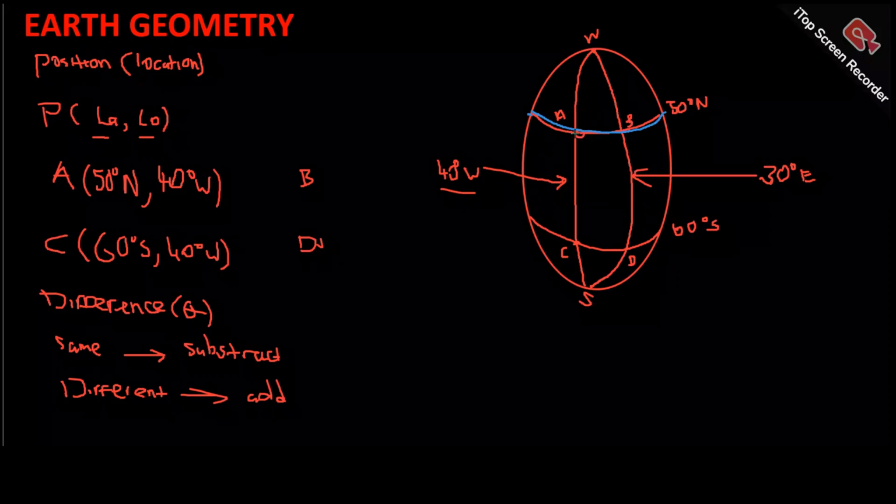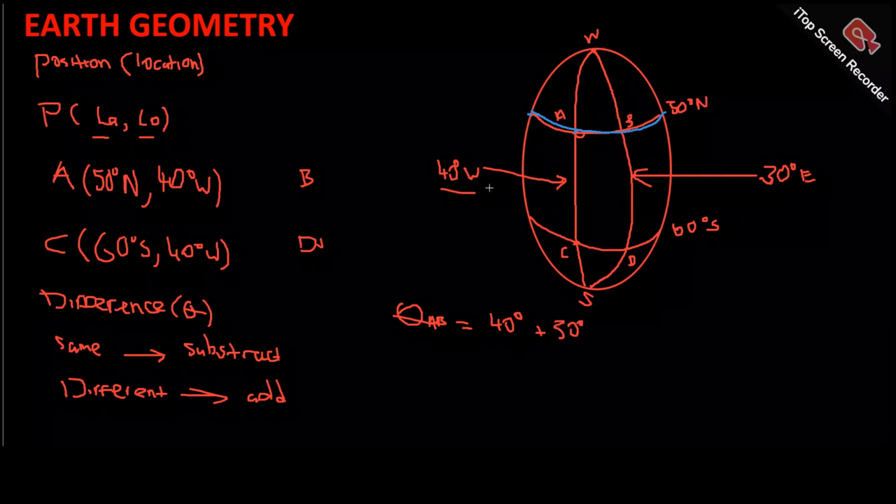So you come to point A. What is the longitude passing through point A? It's 40 degrees west. What about the longitude passing through point B? 30 degrees east.